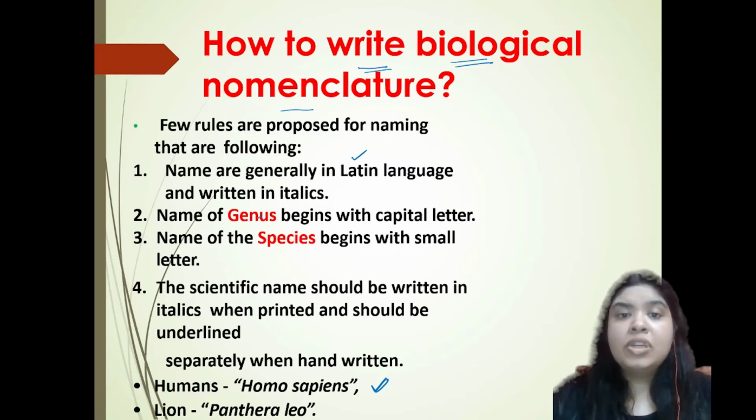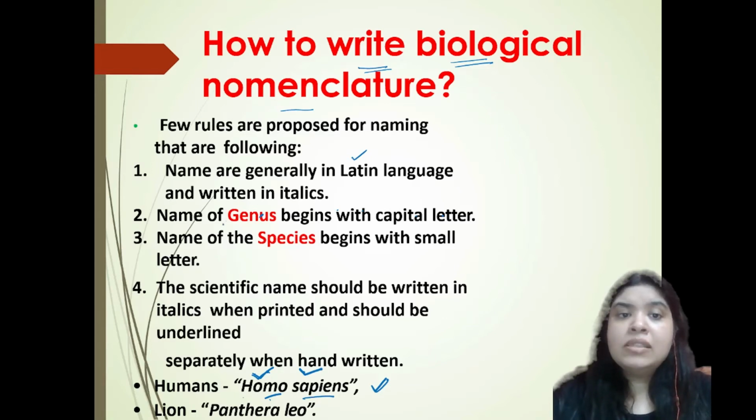The name of the genus begins with a capital letter. There are two names, first and second. The first one specifies the genus of that particular organism. The second name specifies the species of that particular organism.